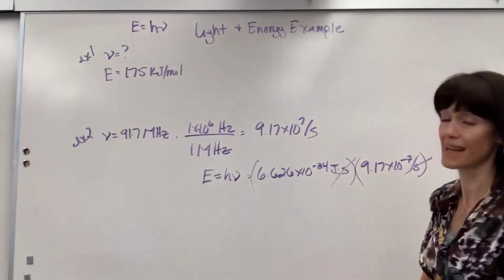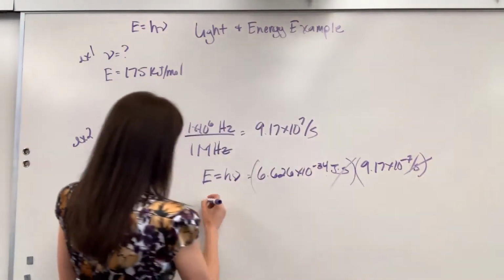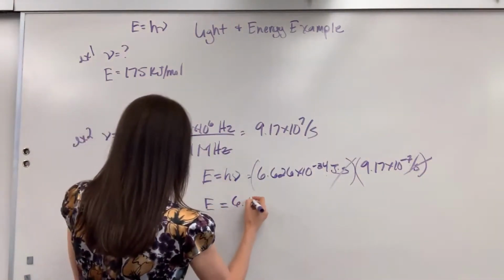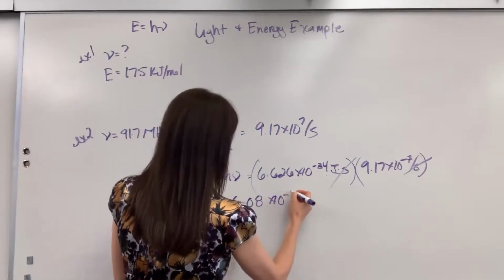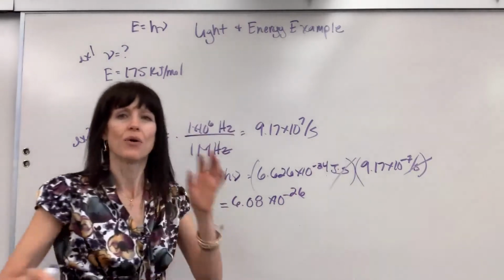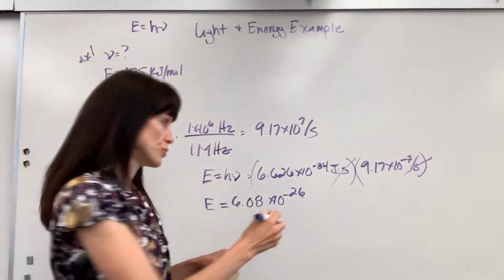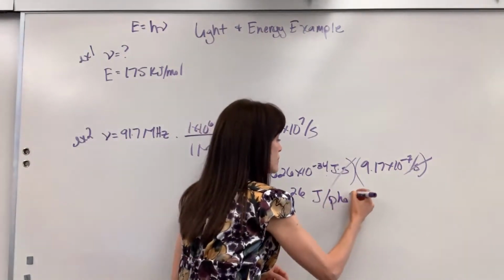Check out, seconds cancel. We're going to be left with joules. So when we multiply that, the energy will be 6.08 times 10 to the negative 26. Now what's the unit very specifically? Joule per photon.